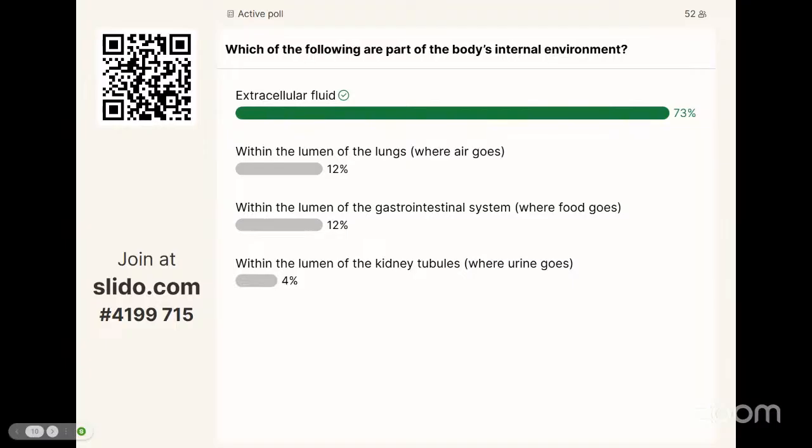But extracellular fluid, even though it has the word extra in it, that prefix really just means outside cells, not outside the body. So it's still the internal environment. It's the fluid compartment, the fluid that our cells are suspended in.